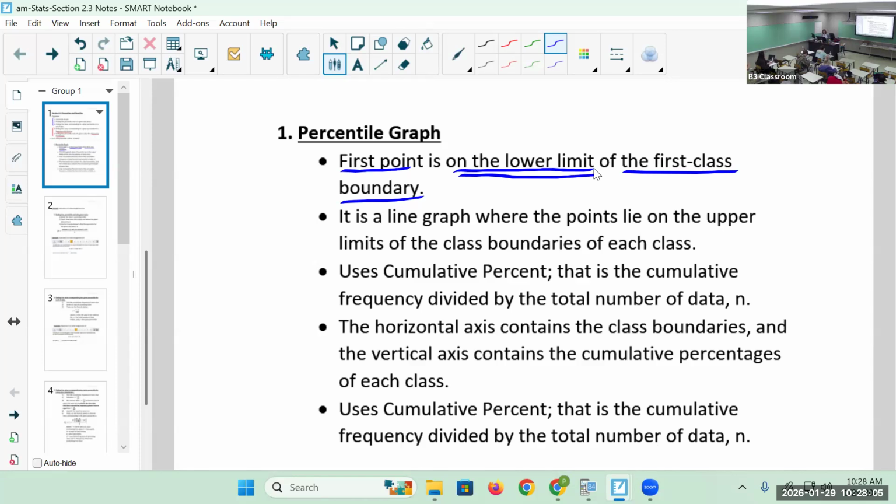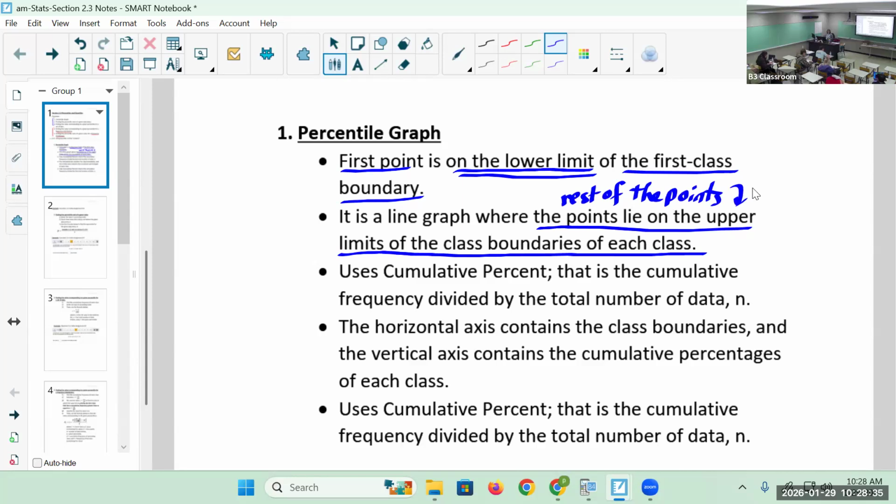Then it is a line graph because we're going to have little line segments, and the rest of the points lie on the upper limits of the class boundaries.